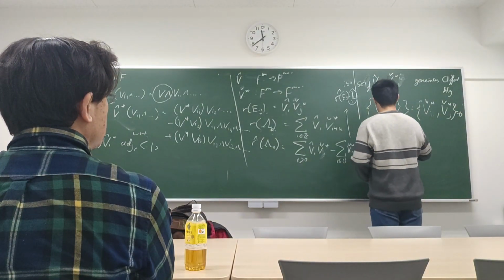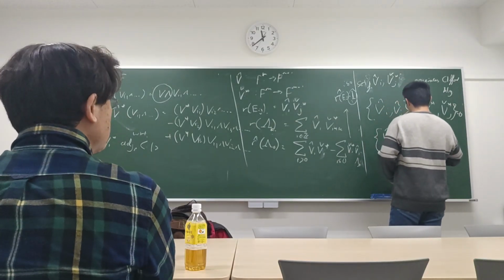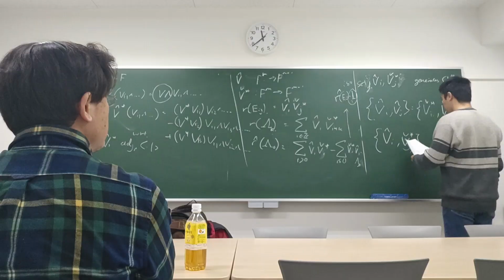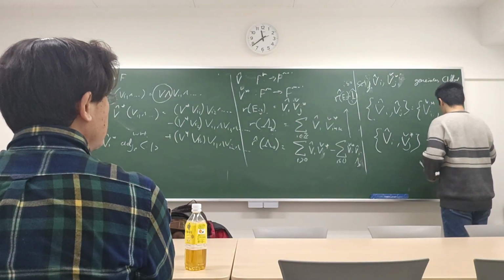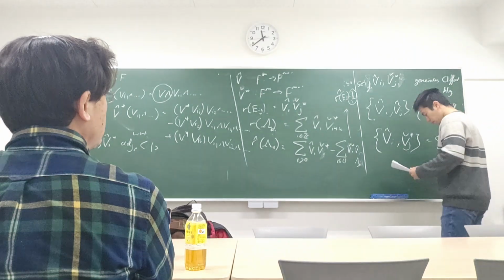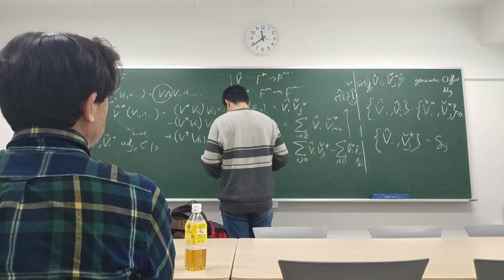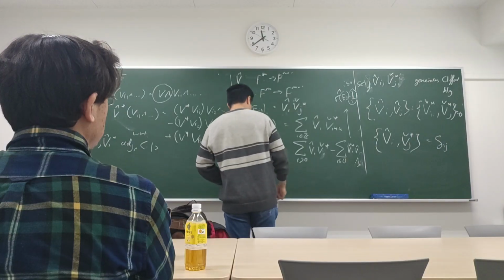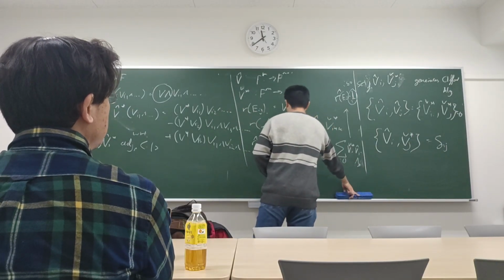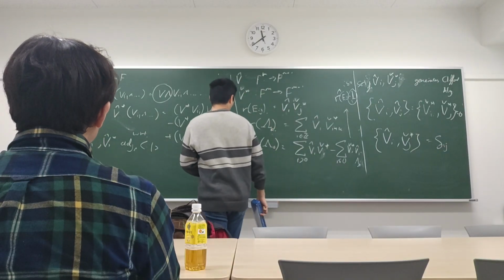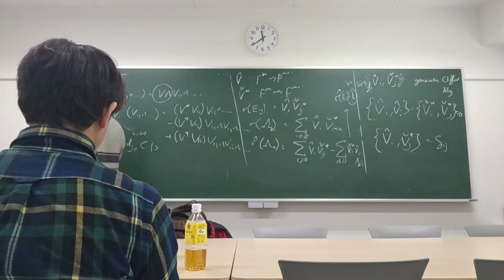However, if you have one v and one v dual, then you get this. So based on what we have here, we can find the commutation relations of the shift operator and the v's.